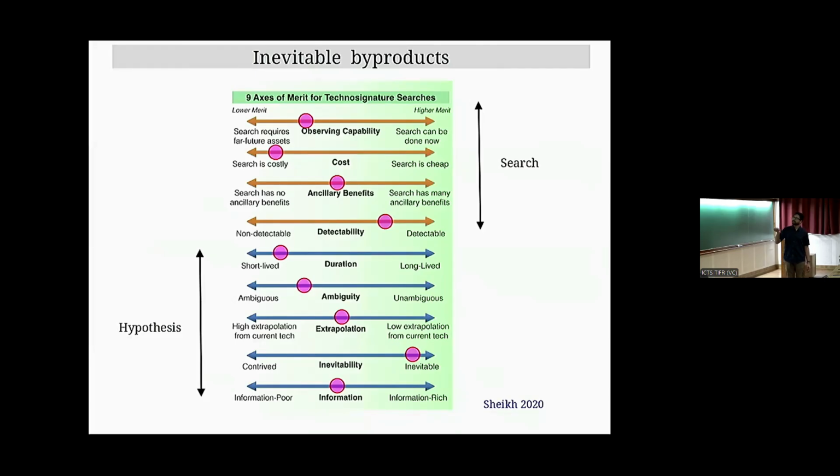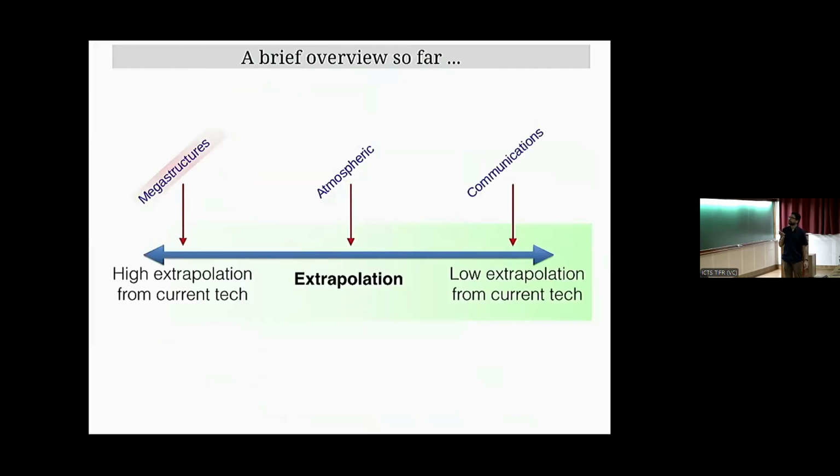Most of the atmospheric technosignatures discussed in the literature are inevitable products, and they are detectable now. The only thing is that the search cannot be done right now. Only if JWST gives time for a 100-hour integration on TRAPPIST; otherwise you need future observing facilities.